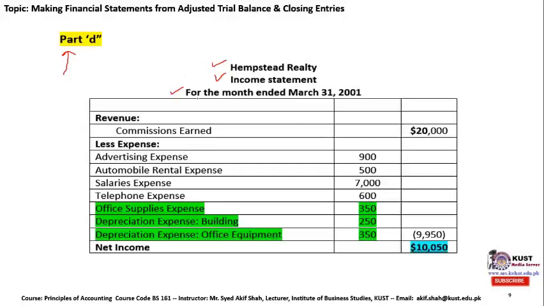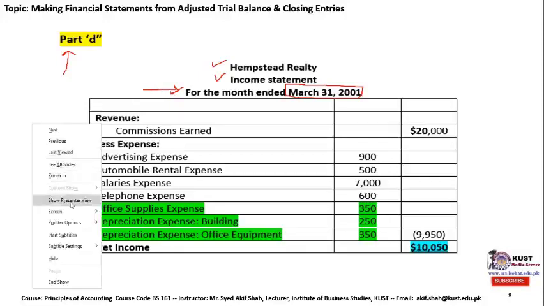So we mention for the month ended March 31st, 2001, because this statement covers one particular time period, starting from March 1st to March 31st. You have to mention the date in this particular pattern, not simply March 31st, 2001. Otherwise, it will be considered an error. You have to give the date in this particular narration type.